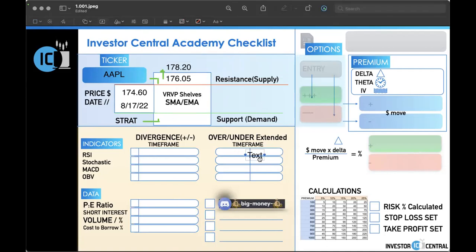If it breaks below, right? I'll make more room. If it breaks below our previous candle, what's today's low? Low was 172.57.